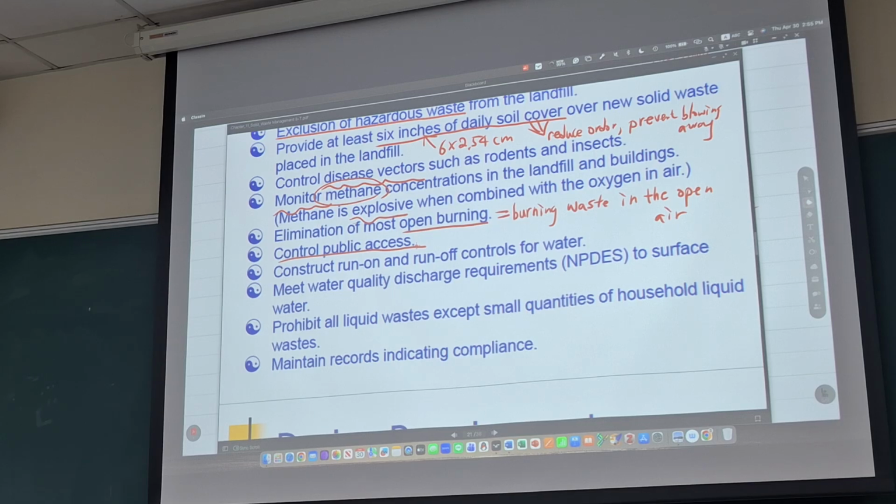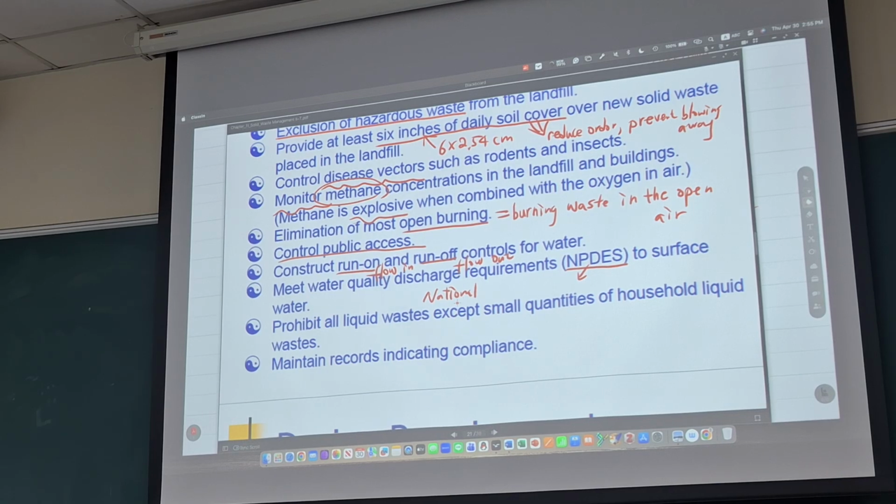And control runoff and run-on of water. Okay, run-on means flow in, runoff means flow out. Meet the standards, okay? NPDES. NPDES stands for National, but the national here means the United States, not Taiwan, not your country.